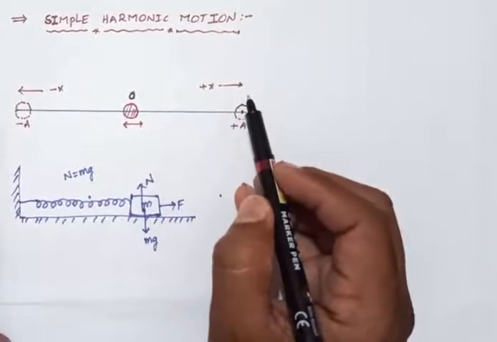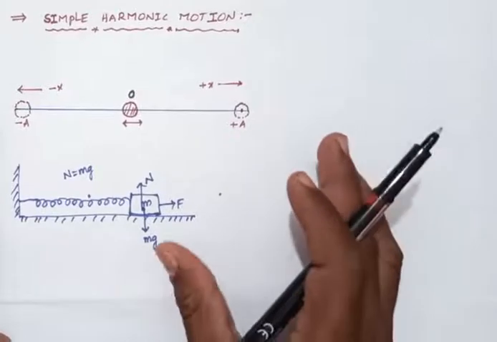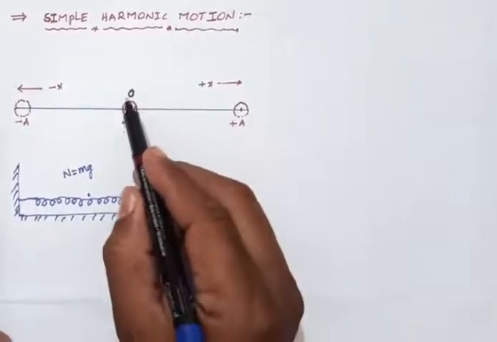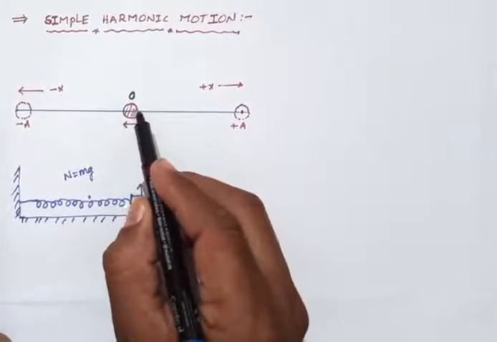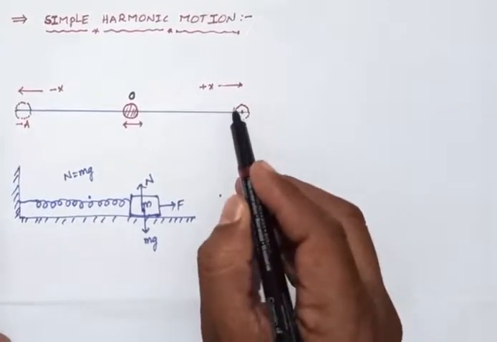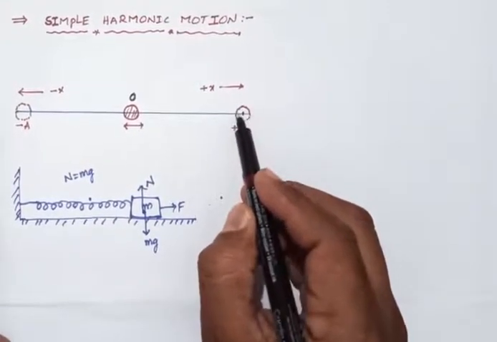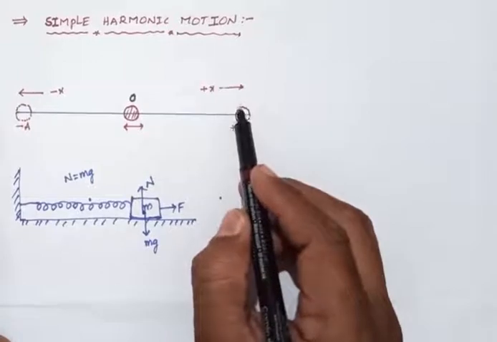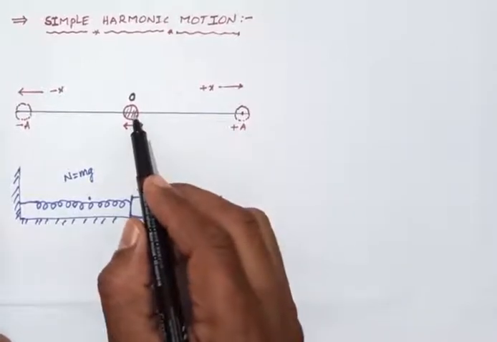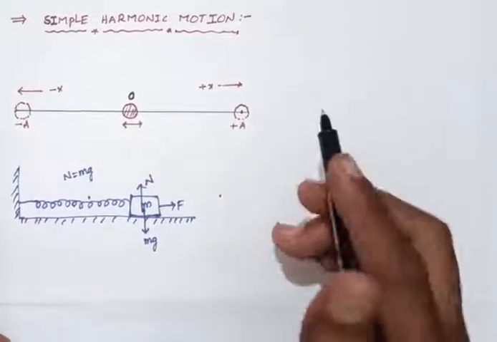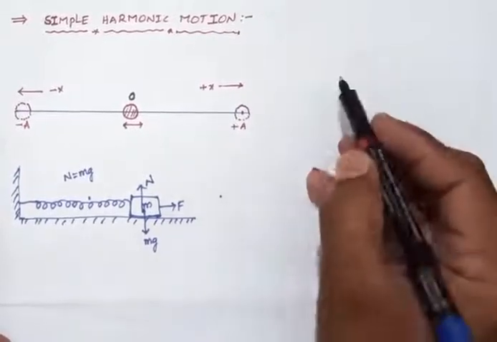In simple harmonic motion, first of all, at the mean position, the particle moves in the positive x direction to the maximum amplitude.